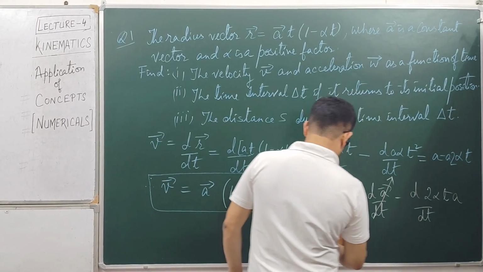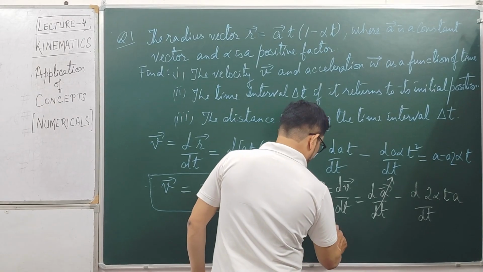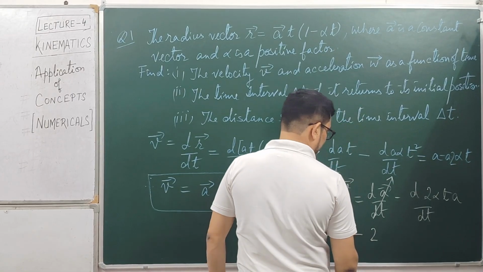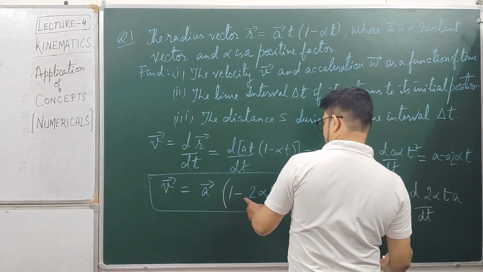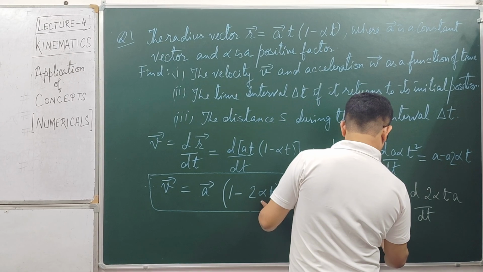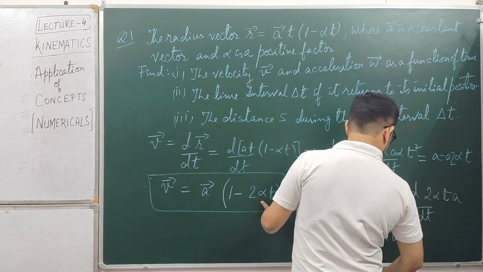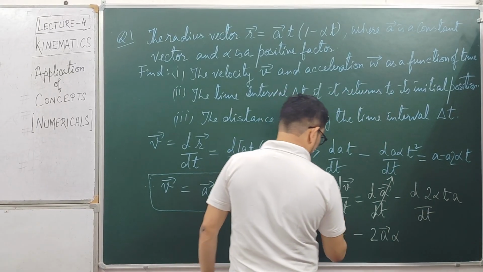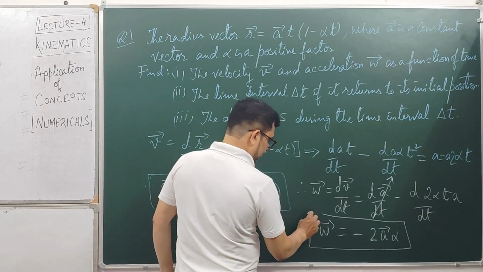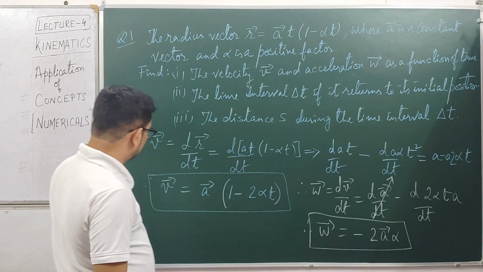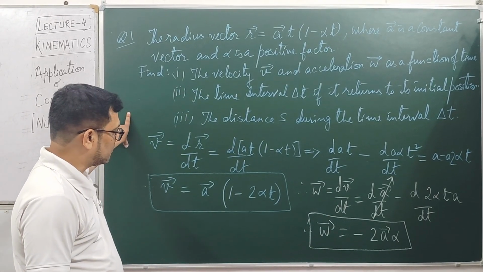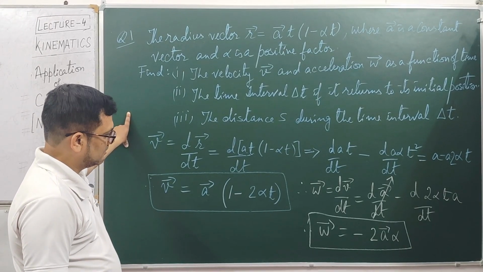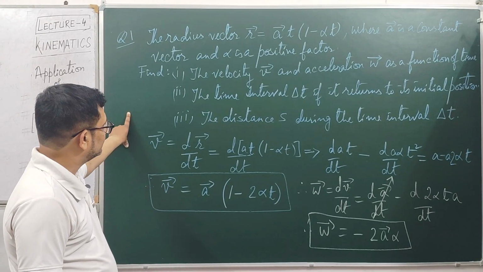So we get acceleration as minus 2a alpha. This is what we get as acceleration. So we have got two parts, velocity and acceleration, as we moved with the equations.